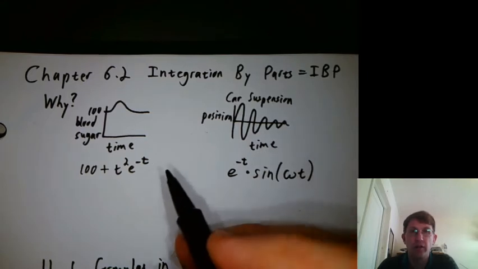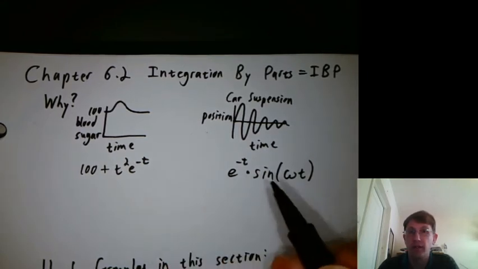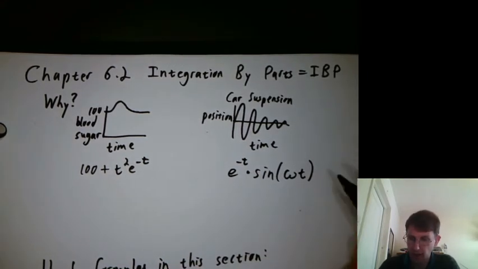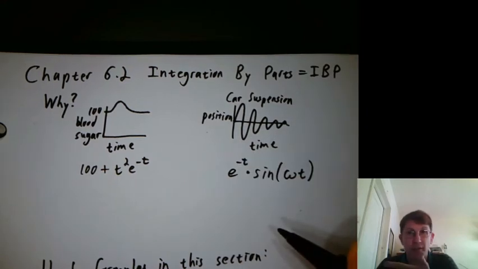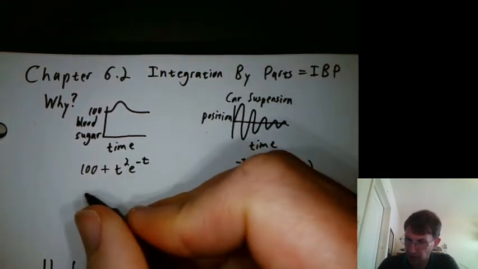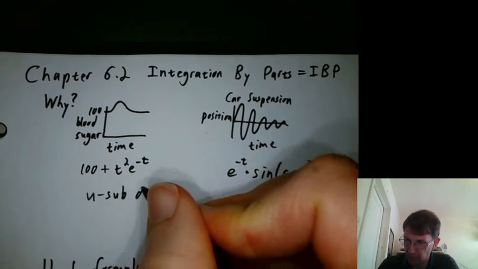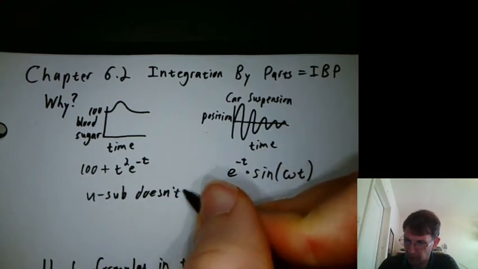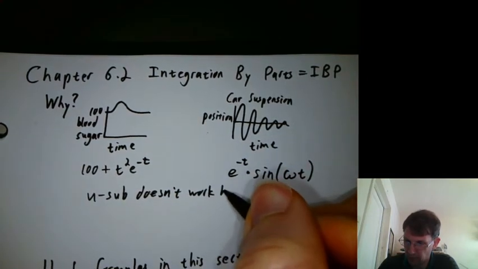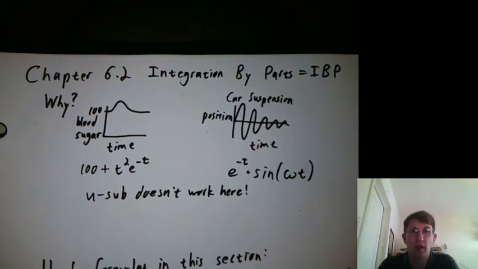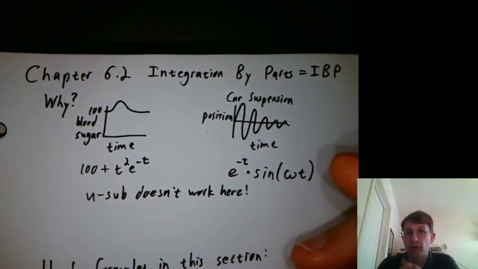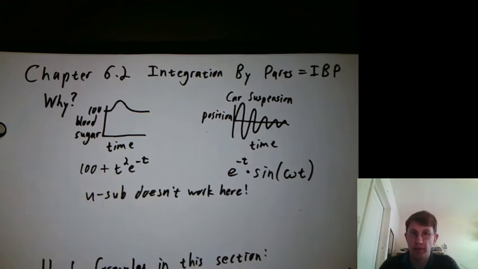So we don't know how to take the integral or the antiderivative of either of those yet. You might think u substitution. U substitution doesn't work. So that's what we're going to learn how to do with integration by parts.